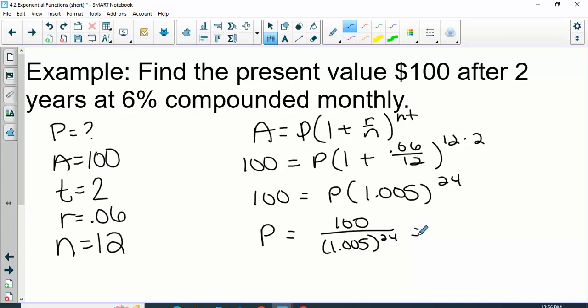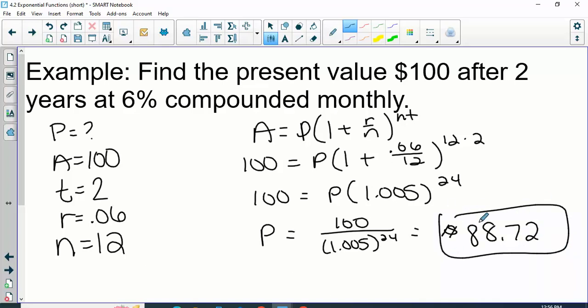So 100 divided by that gives us its money, so 2 decimal places, 88.72. Is that okay? Last two.